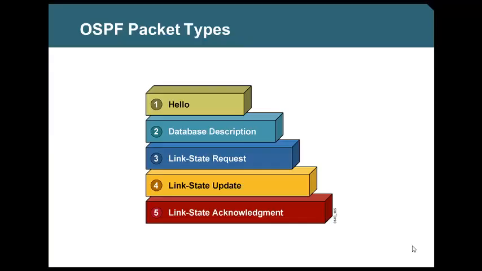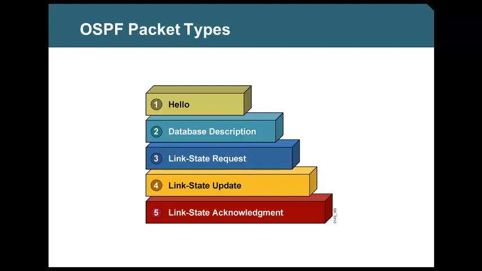OSPF packet types are 5 types. And this number that you see here, for example, 3, is a link state request, LSR. Now this number is not simply one sequence number, it's a number tied with this message type.